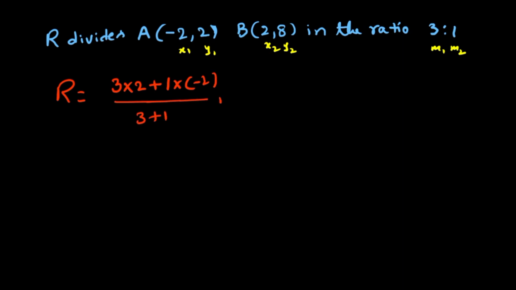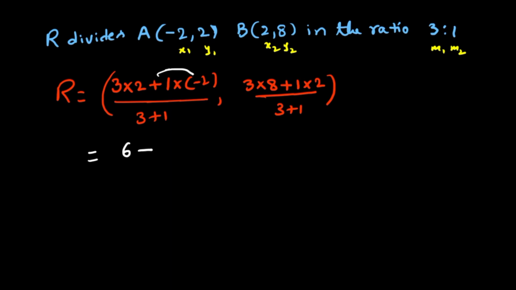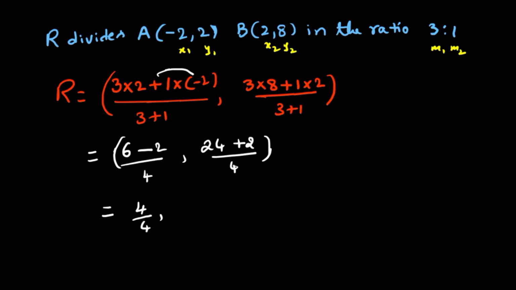Similarly m1 is 3 into y2 is 8 plus m2 is 1 into y1 is 2, by 3 plus 1. In the next step we get 3 2s are 6 minus 2 by 4, and 8 3s are 24 plus 2 by 4. So 6 minus 2 is 4 by 4, and 24 plus 2 is 26 by 4.